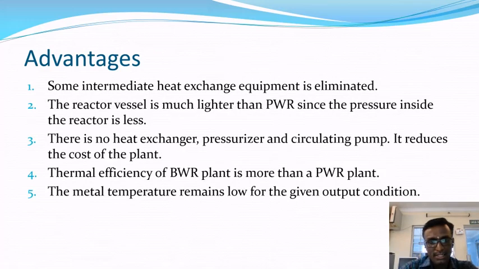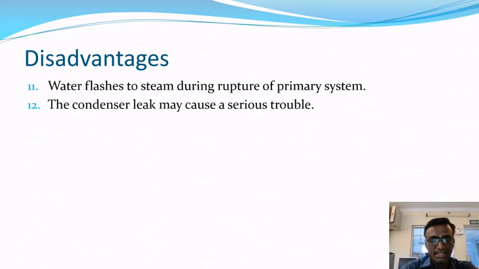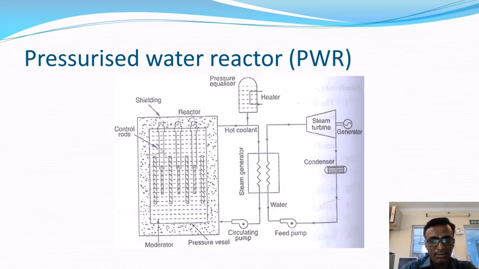And in the case of the PWR, that is the pressurized water reactor, we have the pressurizer. As you can see here, we have an additional component, the pressure equalizer. This pressure equalizer will ensure that the reactor is working at a higher pressure value.